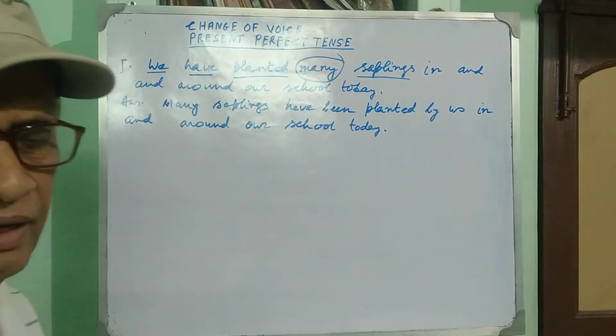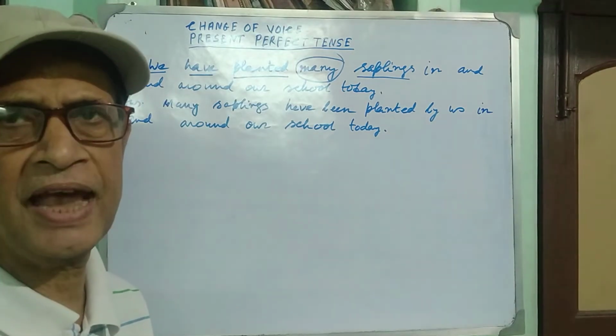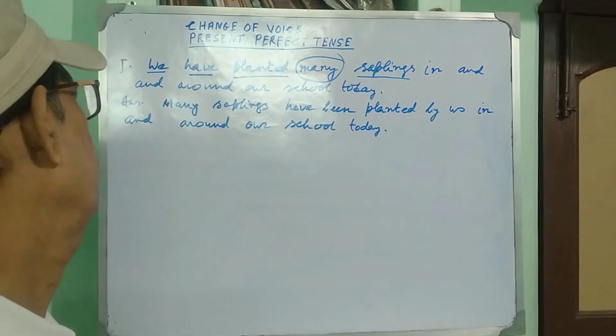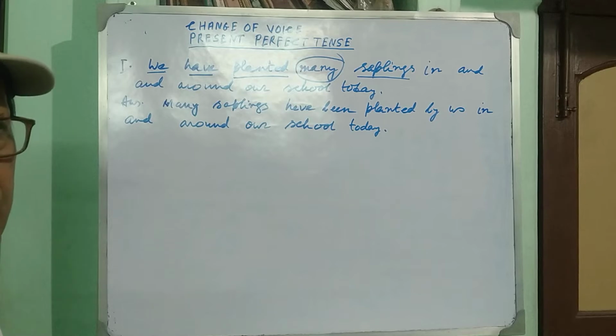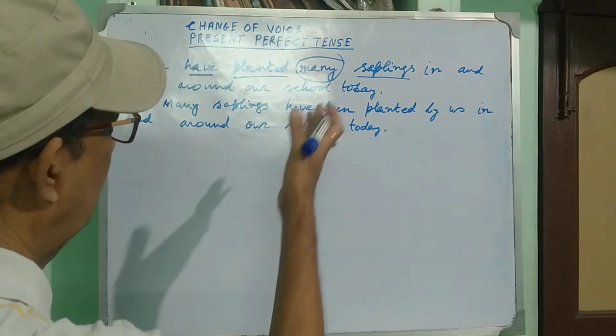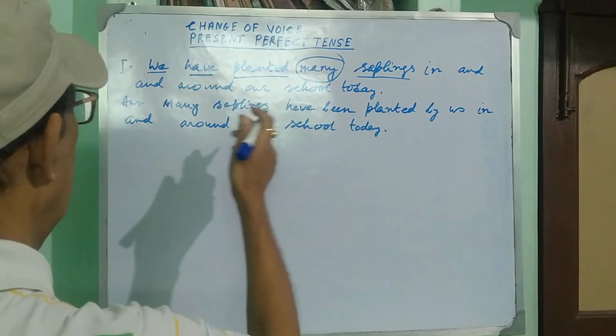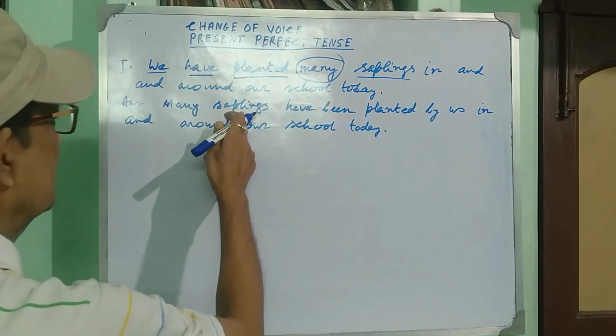So what is the formula of changing from active to passive voice? Very simple, my dear boys and girls. You see that we have got the object saplings, many saplings.